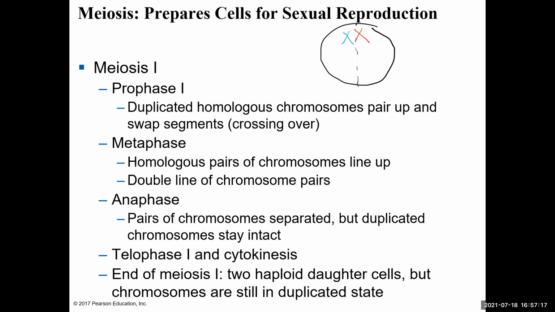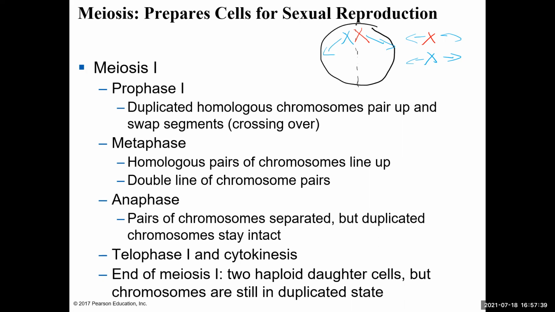That's very different from lining up like this, because in mitosis these are being split in 2, going to opposite sides, but in meiosis, the red one will go to this side and the blue one will go to this side.